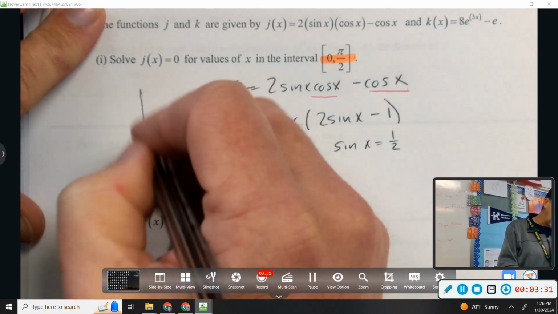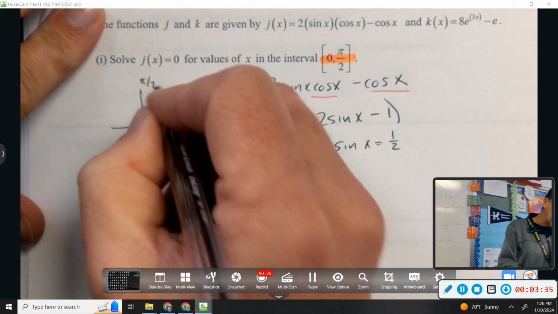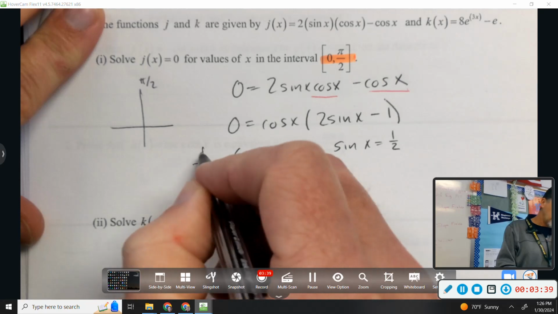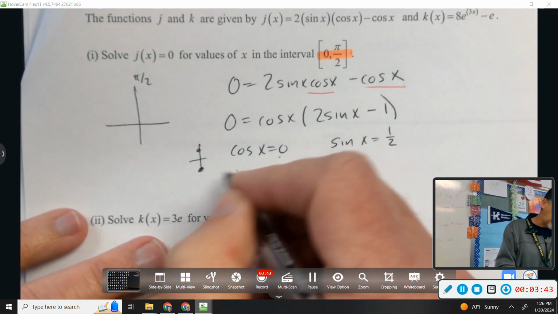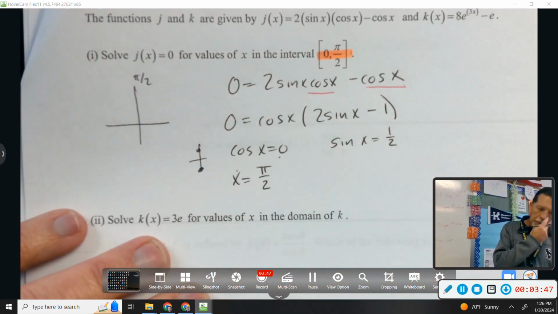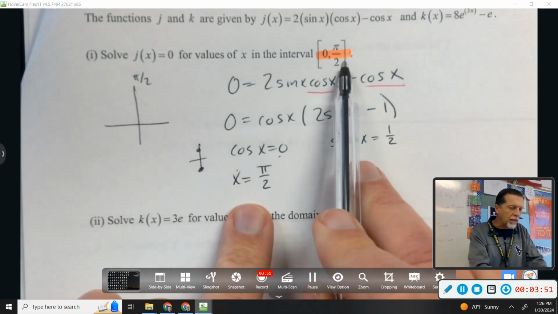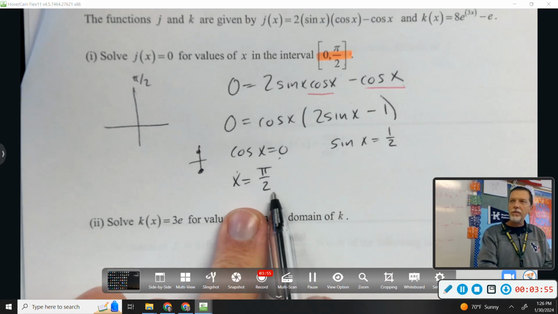But I'm only allowed to look in the first quadrant. Let's see, cosine is 0 at the top and bottom, but I can't get to 3 pi over 2, so just pi over 2. And I need to be careful. I've included the endpoint in that interval, so I can include pi over 2.